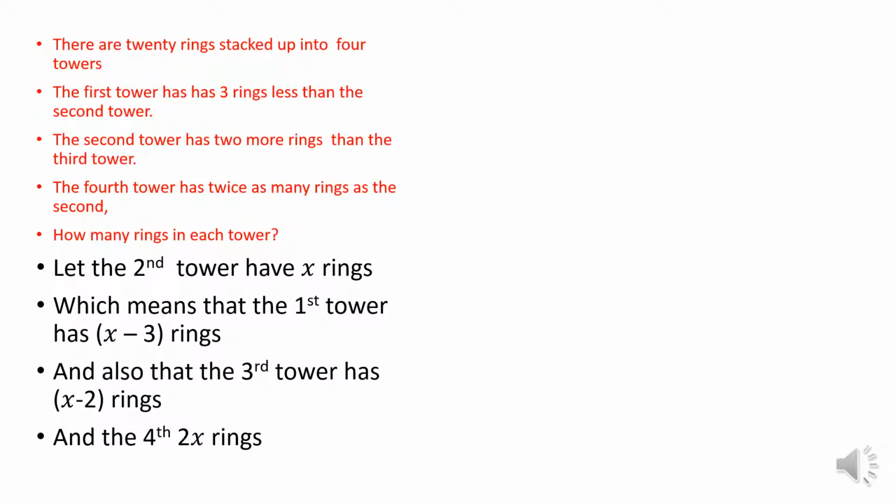Now, we're going to add up all these rings now, the x in tower 2 to the x minus 3 in tower 1, the x minus 2 in tower 3, and 2x in tower 4. And that's what we got here. So we've got x minus 3, get my pointer again, sorry about this, I apologize.